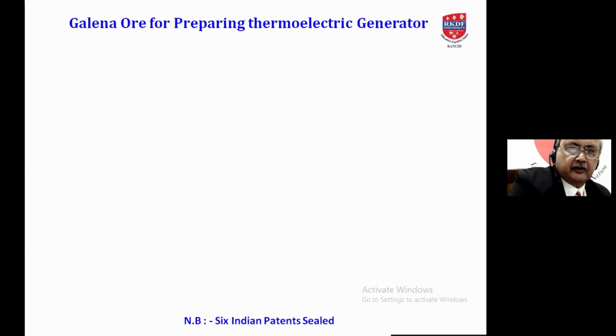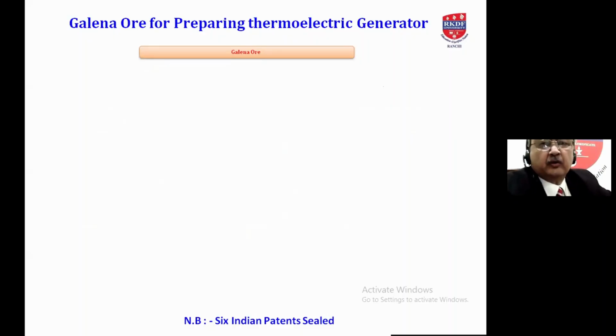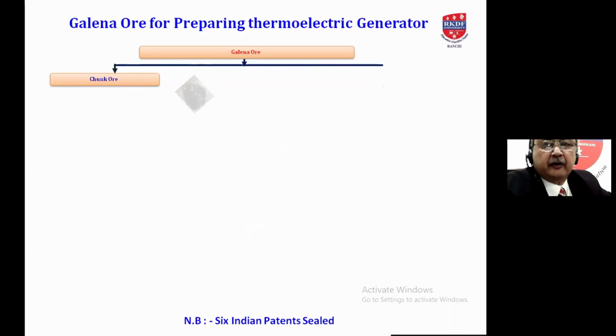First of all, I am going to give the picture of how I am going to make the thermoelectric generator from galena. There are two types of galena ore available. One is the chunk galena ore, which is in the form of a rock.